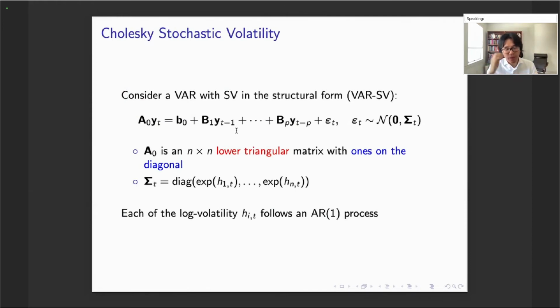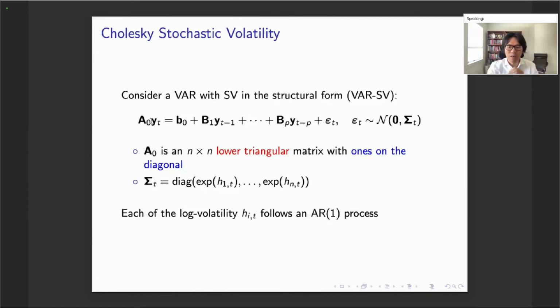The second model is essentially a reparameterization of the Cogley-Sargent model. Here, the reparameterization is that I write it as a structural VAR. This A is a lower triangular matrix with ones on the main diagonal. I want to emphasize this is a computational device. I do not commit myself to one particular identification scheme. All of these are reduced form, right? So I estimate this model, and I can recover the reduced form coefficients.